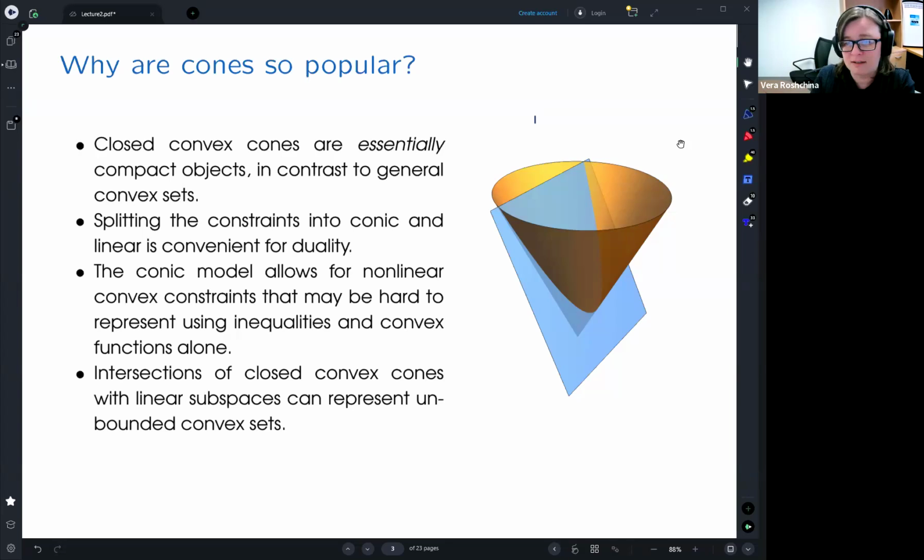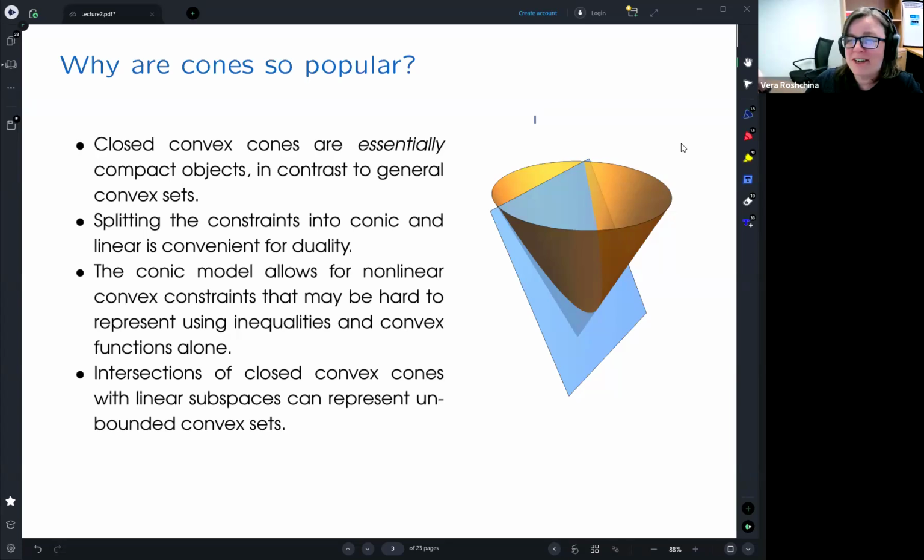And because things are closed, or I can think about slicing the cone, right? So if I have a pointed cone, a cone that has 0 as a face, I can slice that cone and obtain a compact convex set that will tell me everything about this cone, right? So cones are essentially compact, and I can formulate, on the other hand, a conic programming problem that has an unbounded convex feasible region through those kinds of compact objects, right?